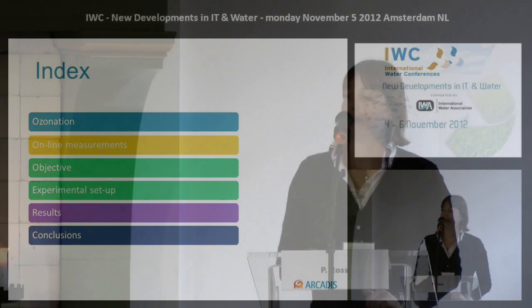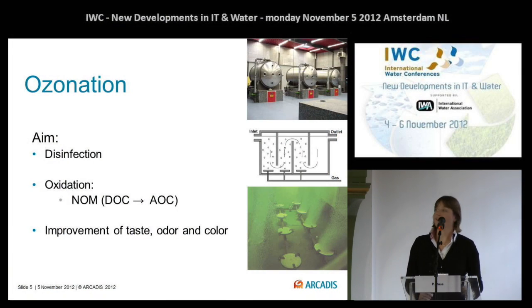So if we look at ozonation, the primary aim of ozonation is disinfection. And next to that, during ozonation, oxidation of natural organic matter takes place. As a result, biodegradable components are increasingly present in the water, which is measured, in our case, by means of AOC, assimilable organic carbon.